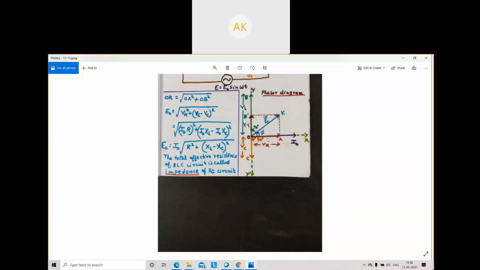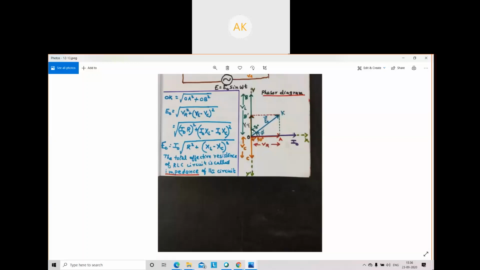In a resistor, the current and voltage are in the same phase. Our direction marks the peak values of current and voltage VR, both in the same direction, which shows that they are in the same phase. But in an inductor, current is lagging, so voltage is leading by a phase angle of 90 degrees.